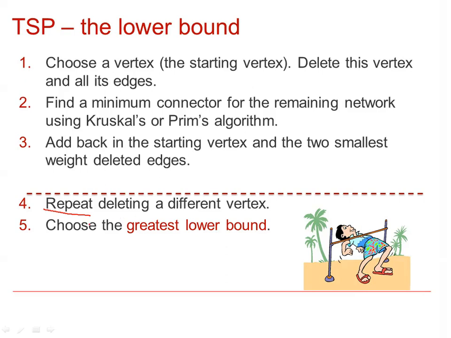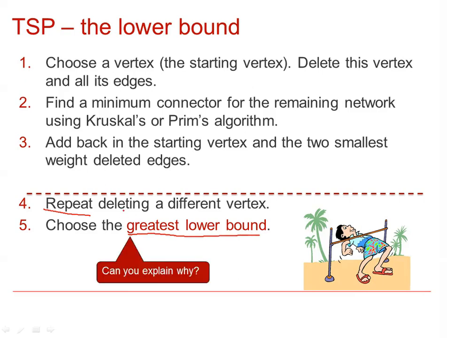And out of these 5 results we would choose the greatest of the lower bounds. Can you explain why? Don't forget, it's to do with minimizing the interval between the least upper bound and the greatest lower bound to hone in to the optimal solution.